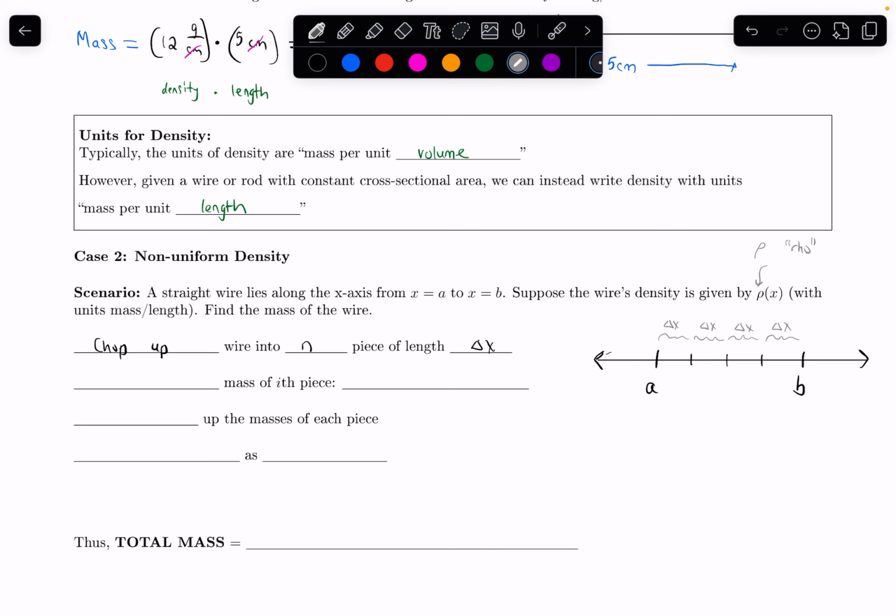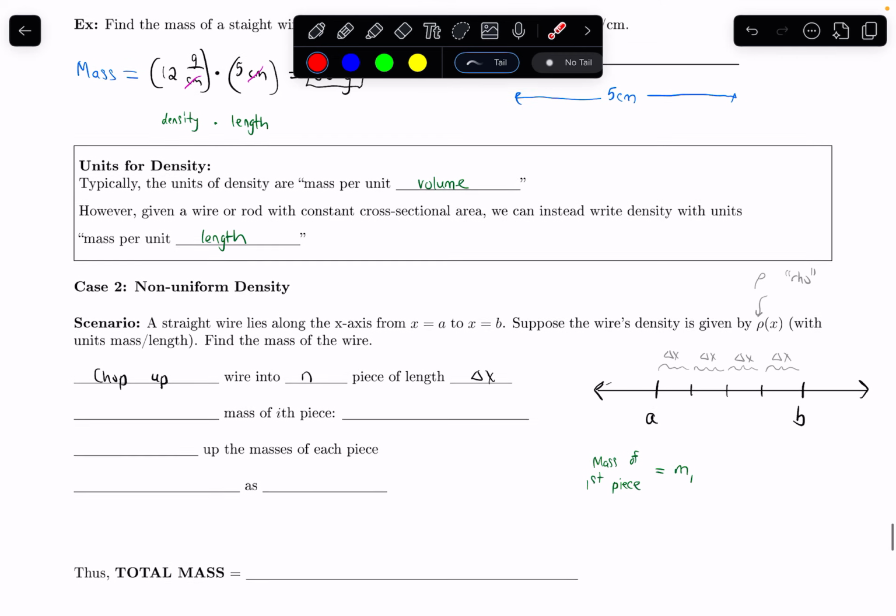Okay, to find the mass of the whole wire, let's find the mass of each one of these pieces so that I can add them together. If I want to find the mass of just the first piece, I'll call it M1.